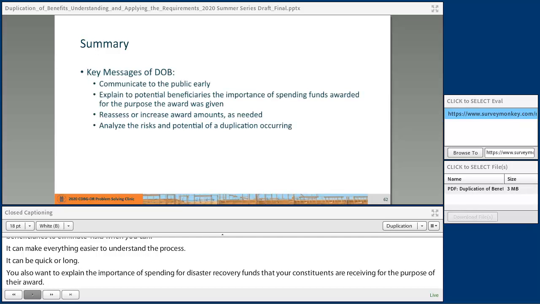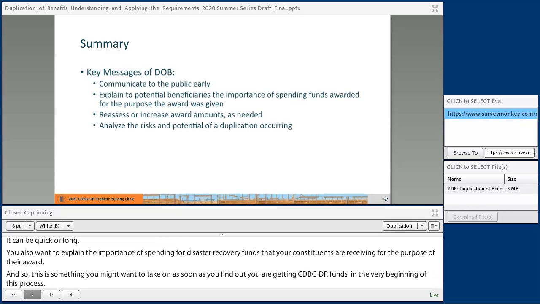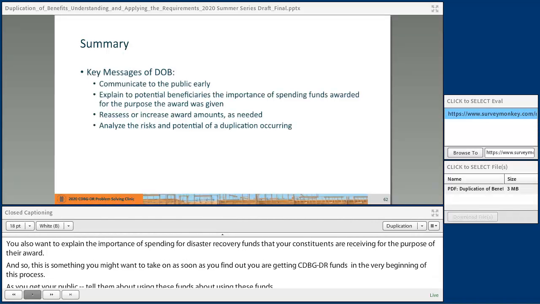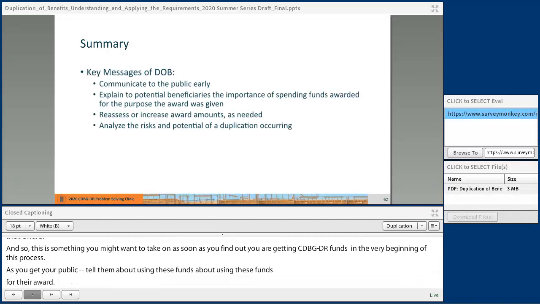So educate your public about using their funds for the purposes that they're awarded for. This education can prove to be valuable as you're designing and implementing your recovery program. And as we talked about earlier, you really want to be assessing your risk and potential risk for duplication of benefits occurring.